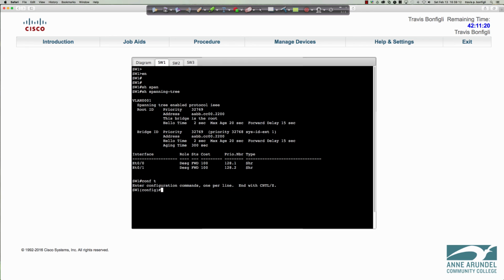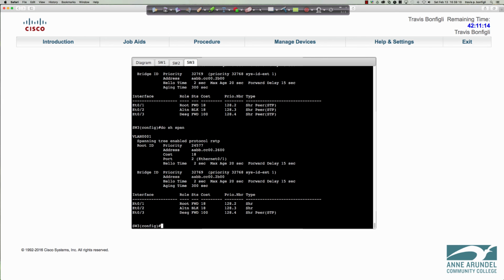So let's do the same thing here. Spanning-tree mode rapid-pvst. If I go back to switch 3, all of the links now no longer show peer STP because we've changed the spanning tree mode on all of the different switches.